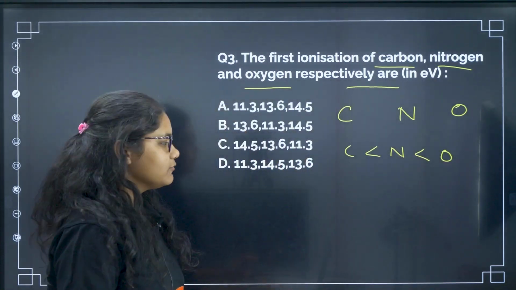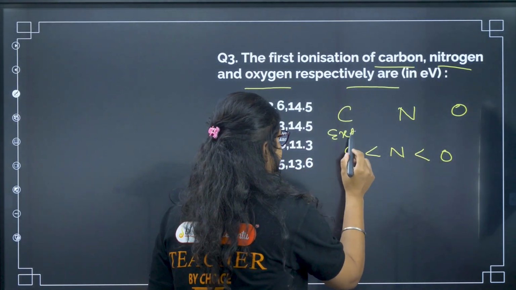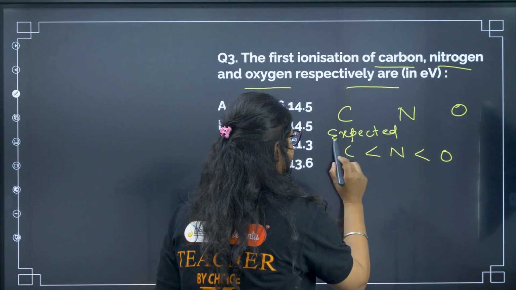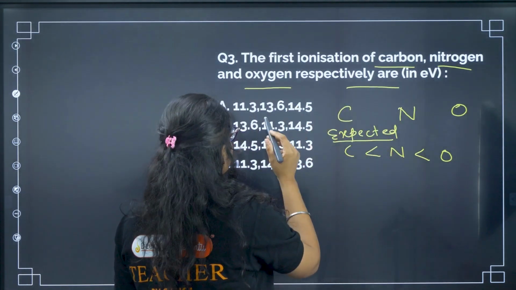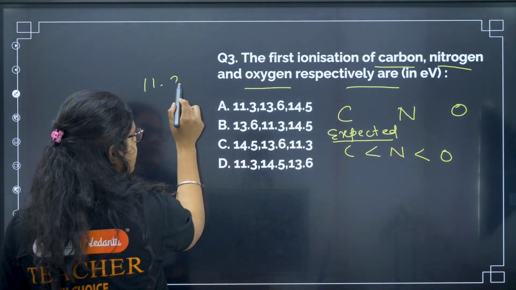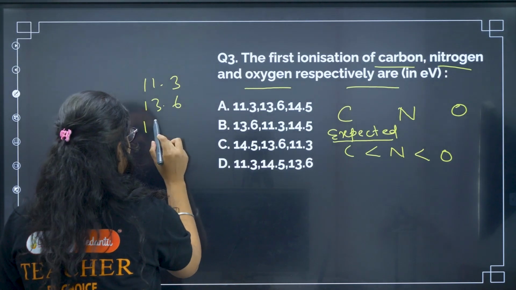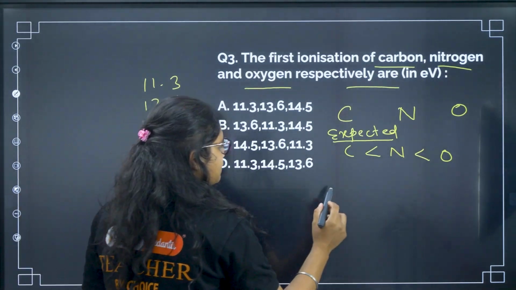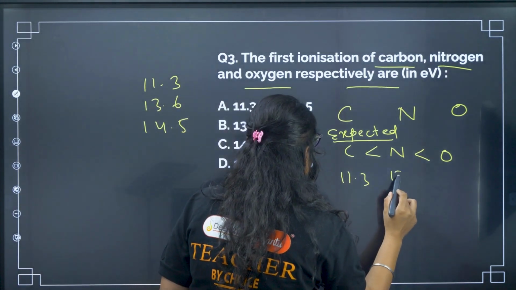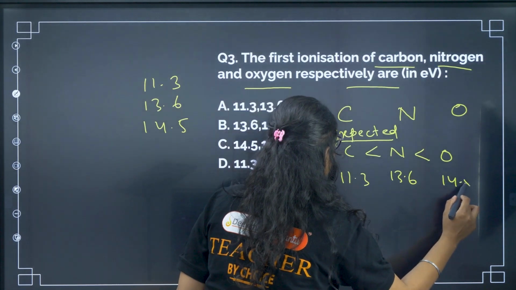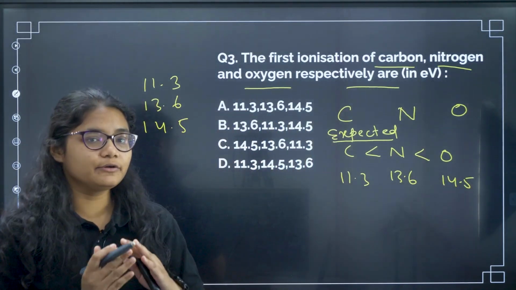If you check the values, they are 11.3, 13.6 and 14.5. So we would have given it like 11.3, 13.6 and 14.5, right? This is what generally we would have done.